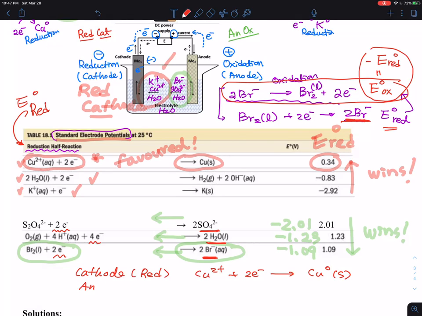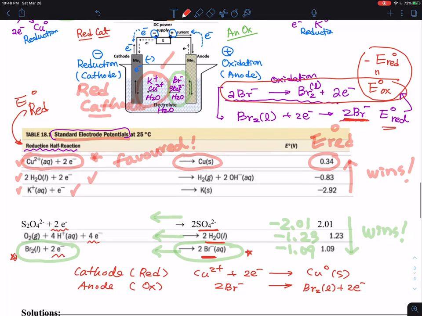And the anode, which is an oxidation, I look at this reduction form, and this reaction is turning the other way around. So the way that I write it is 2Br minus goes to Br2 liquid with 2 electrons. That's an oxidation, right? This is a reduction. This is an oxidation.